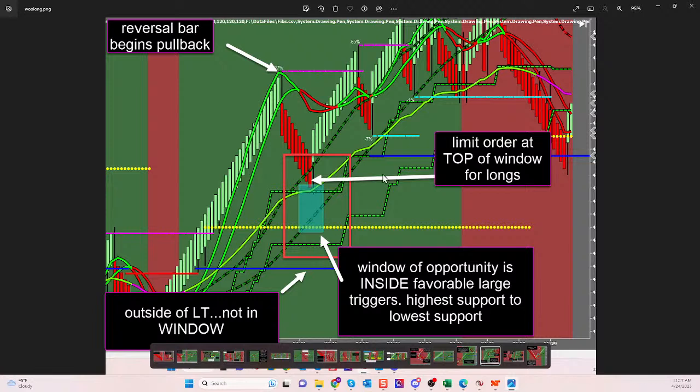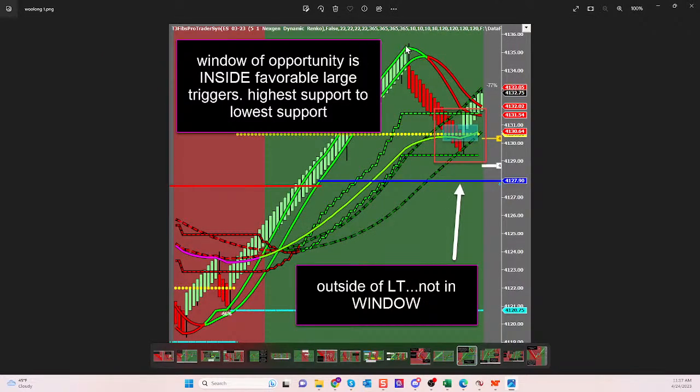It's not a part of it. Reversal bar prints, top of the triggers to the bottom of the triggers. One-to-ones in the mid-band inside that window of opportunity. Support is outside of the triggers, therefore not in the window.